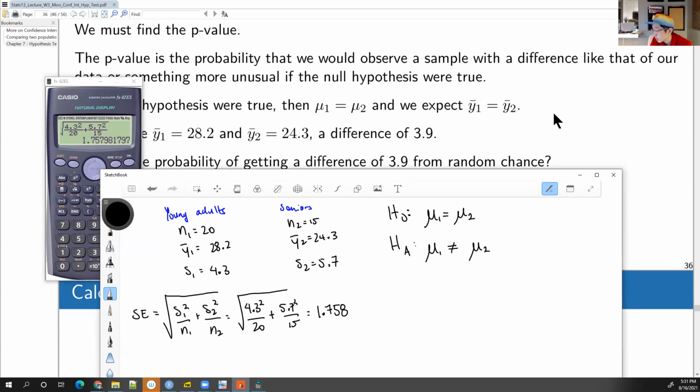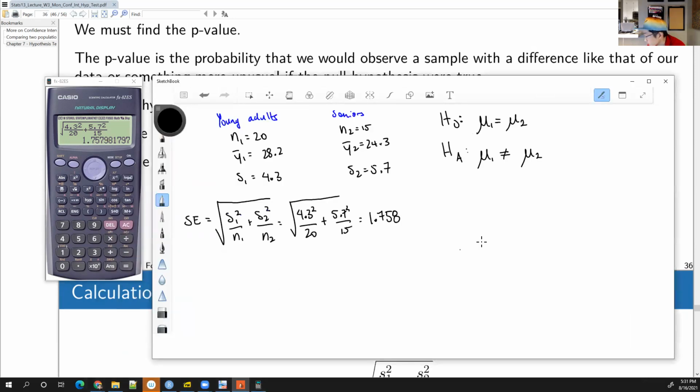Okay. And the idea here is, if the null hypothesis were true, this is the distribution of the quantity y bar 1 minus y bar 2.